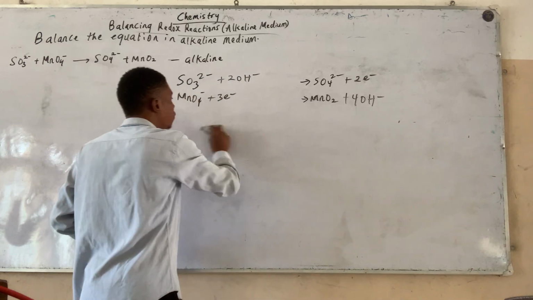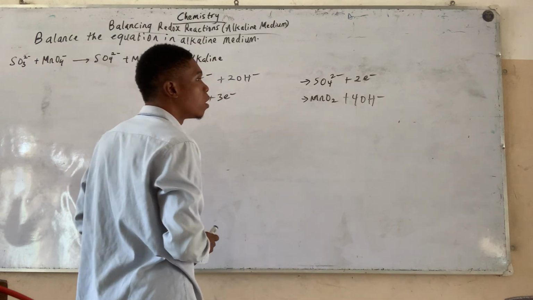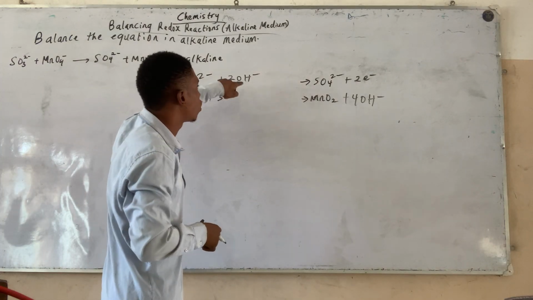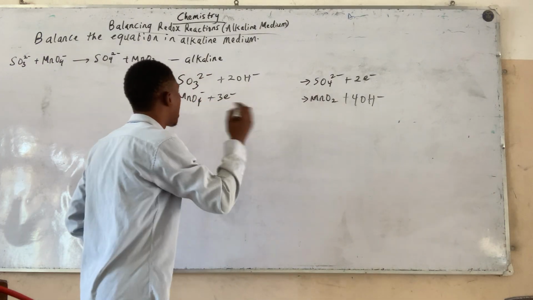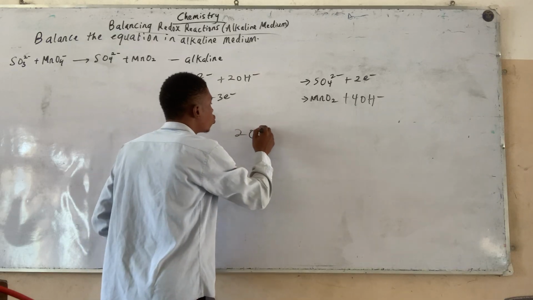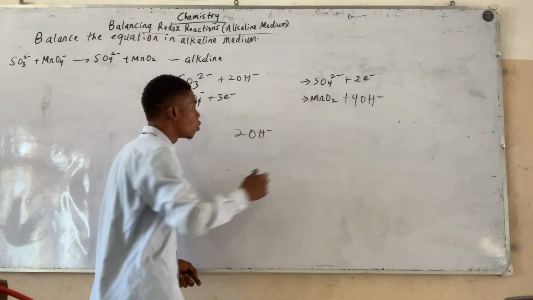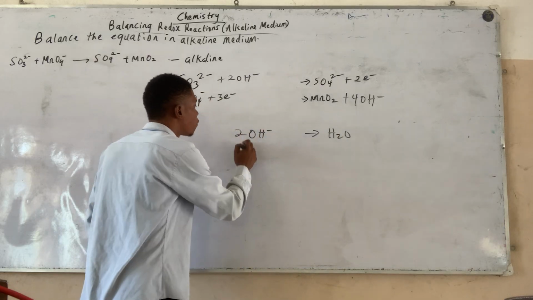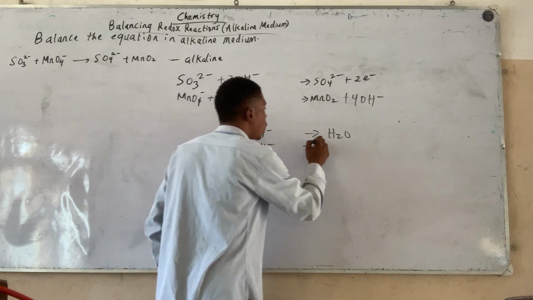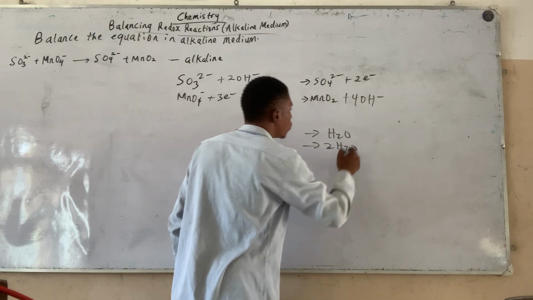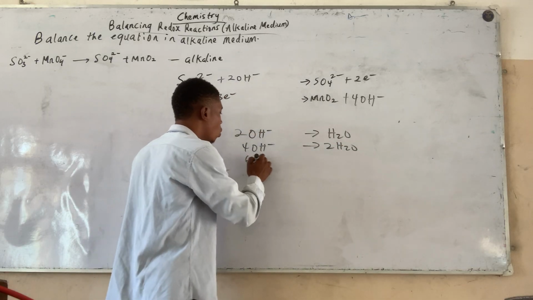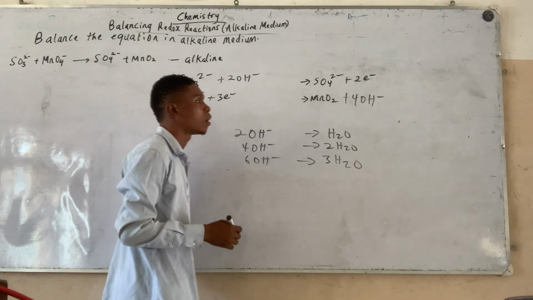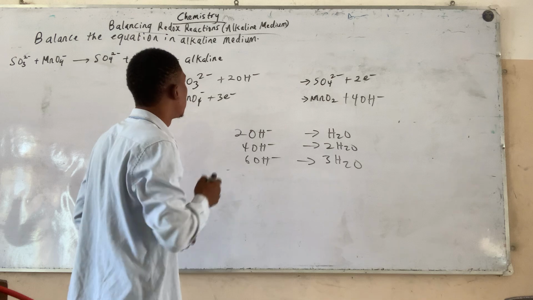Alright, since we have done this, the next thing is for us to balance hydroxide with water. The rule says that for 2 OH minus, we are getting 1 H2O. For 4 OH minus, we are getting 2 H2O. For 6 OH minus, we are getting 3 H2O. And so on and so forth.